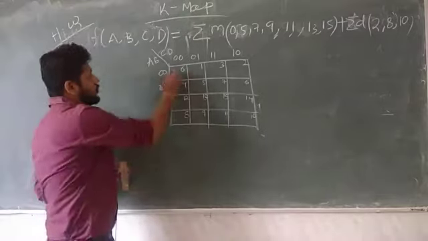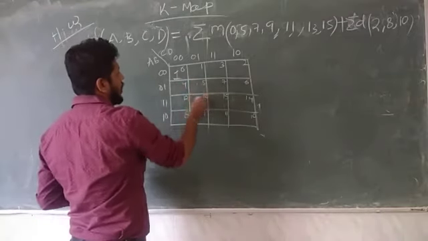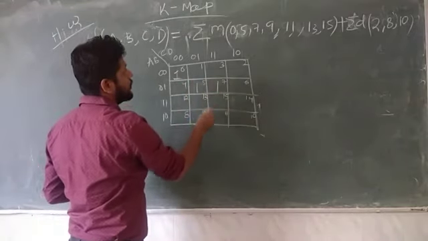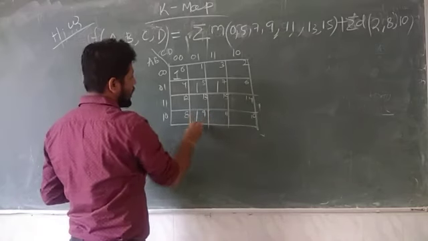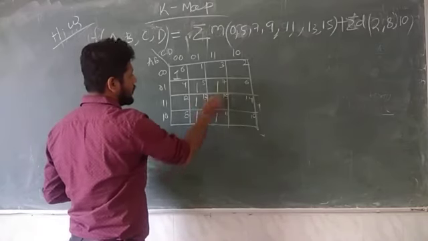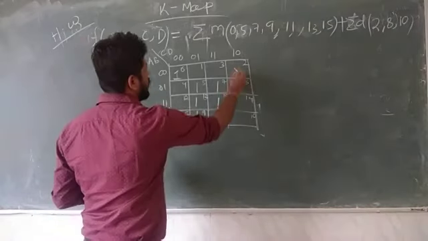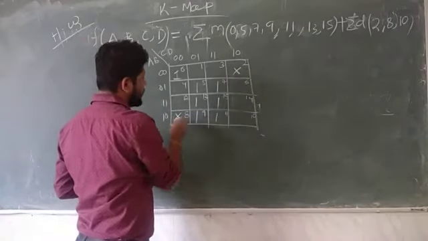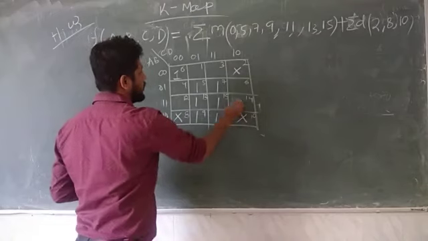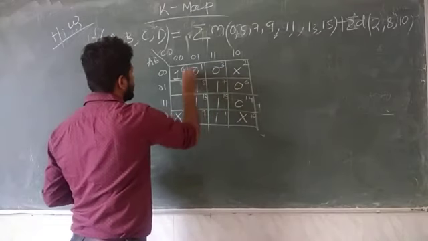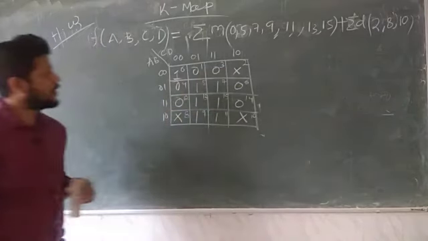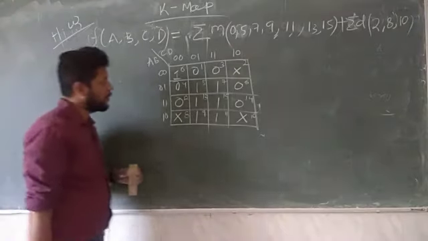So 0 is filled as 1, then we have 5, then 7, then 9, 11, 13 and 15, and the don't care is 2, 8 and 10. The remaining min terms we can fill as 0.